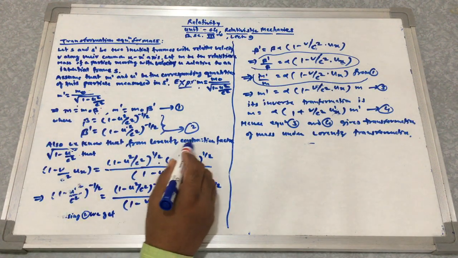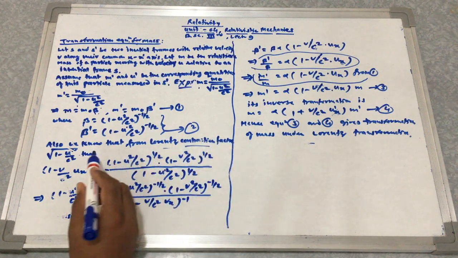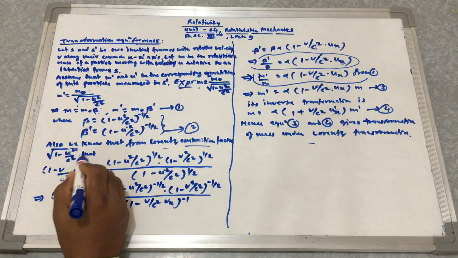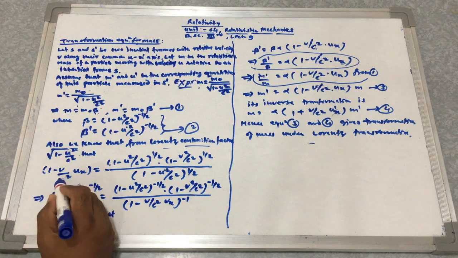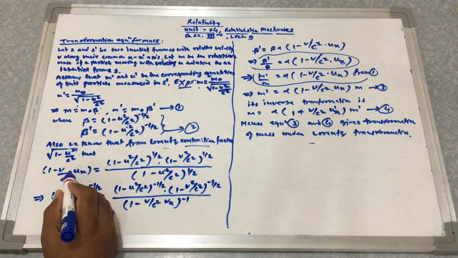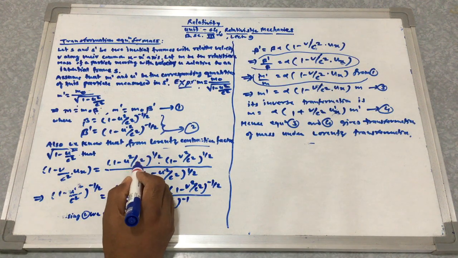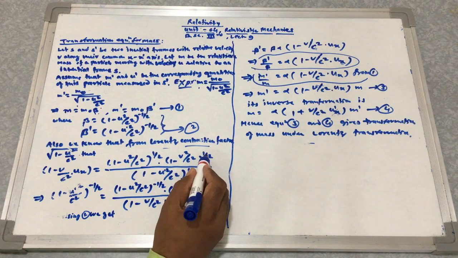Also we know, from the Lorentz contraction factor, that root of 1 minus u dash square upon c square is related to 1 minus v upon c square into ux, equal to 1 minus u square upon c square raised to half into 1 minus v square upon c square raised to half.